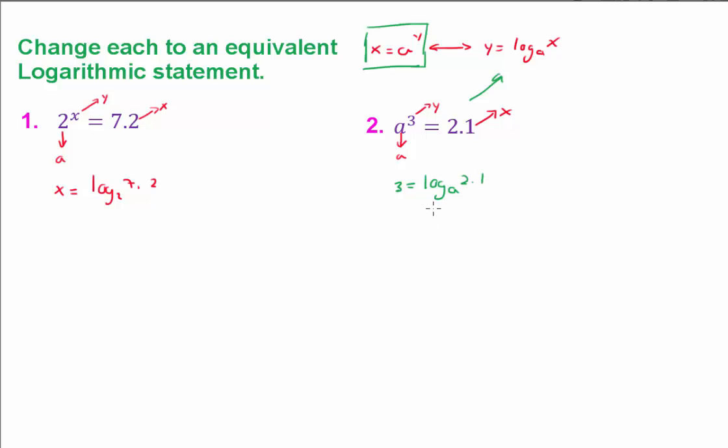To read this, you say a to the third power must be equal to 2.1. We can say: what to the third power is equal to 2.1?